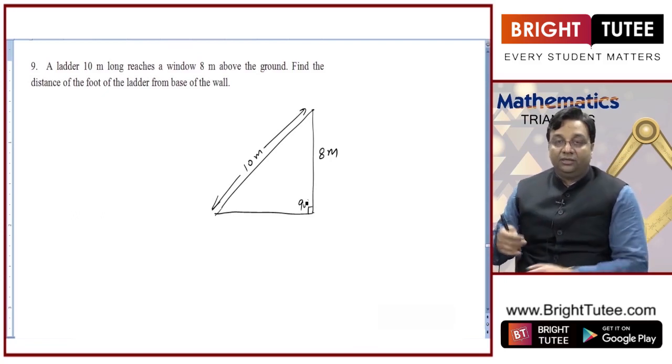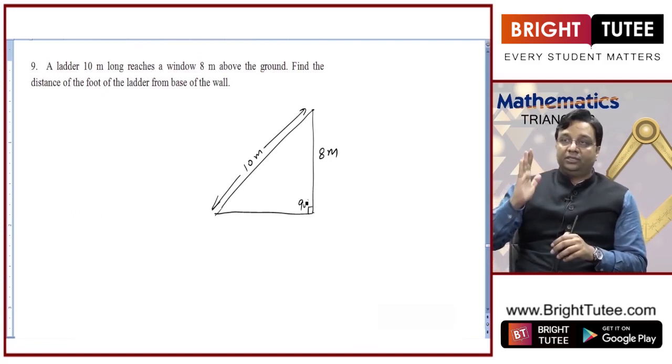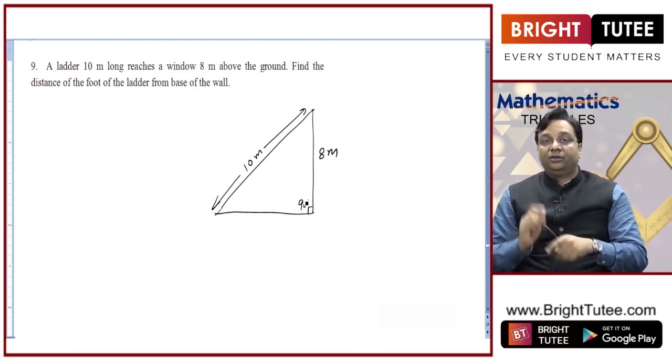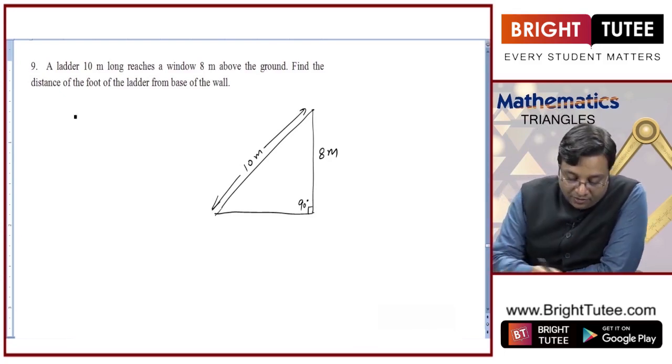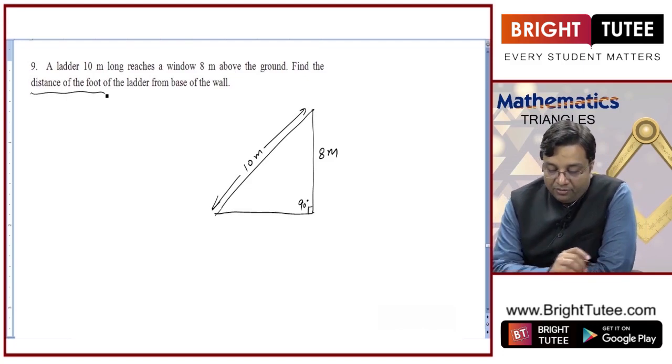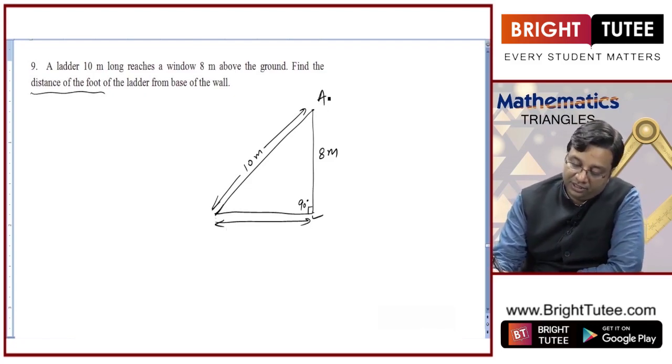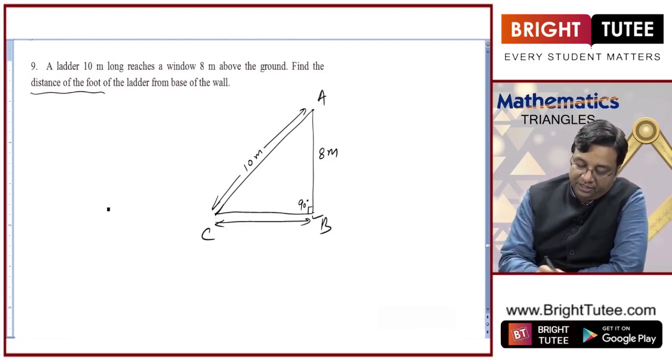Because when we say a wall or there is a window on a wall, we always take the angle 90 degrees between the ground and wall. Find the distance of foot of the ladder from the base of the wall. So this is the base of the wall, this is the foot of the ladder. So we need this distance basically. So if this is A, B, C, we require BC.